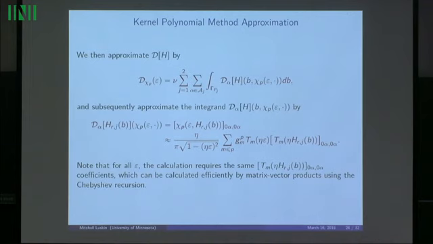We use the Chebyshev recursion relation to make this efficient. Once we've computed these quantities, it's simple to evaluate. There's no more matrix-vector work to evaluate at any other energy. So the magic of Chebyshev expansion enables us to avoid a direct eigensolve.